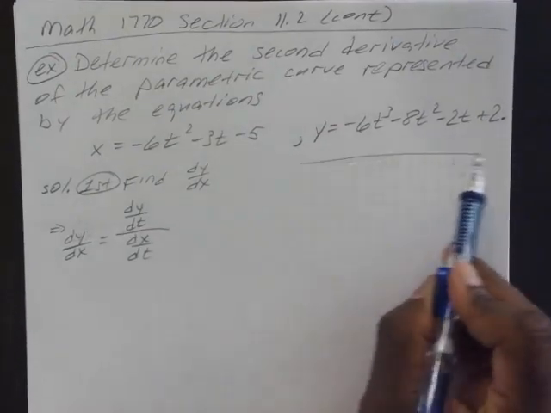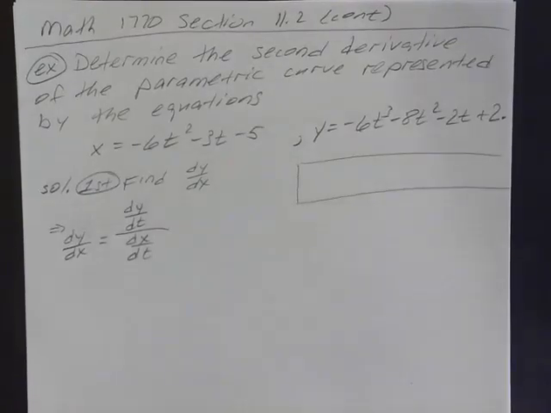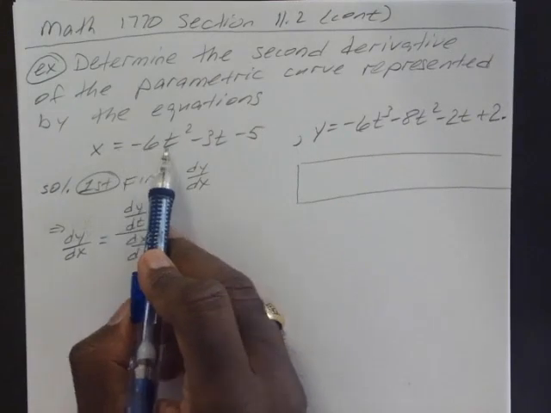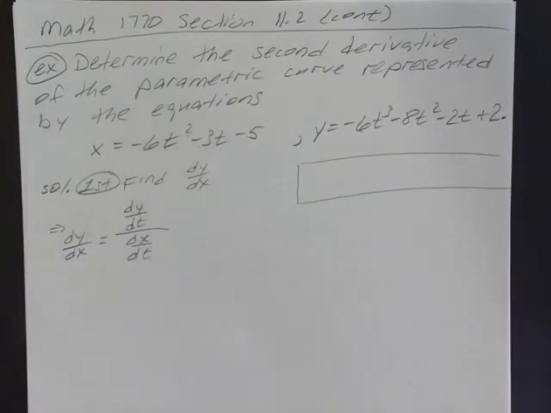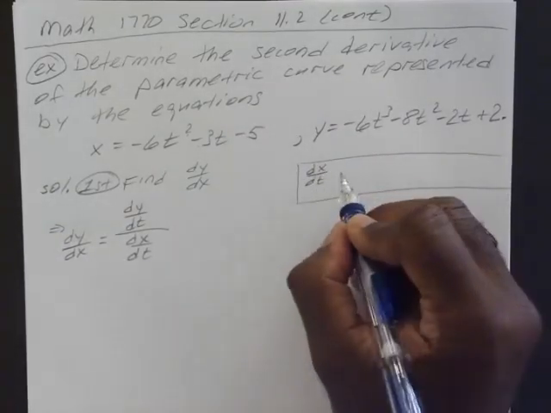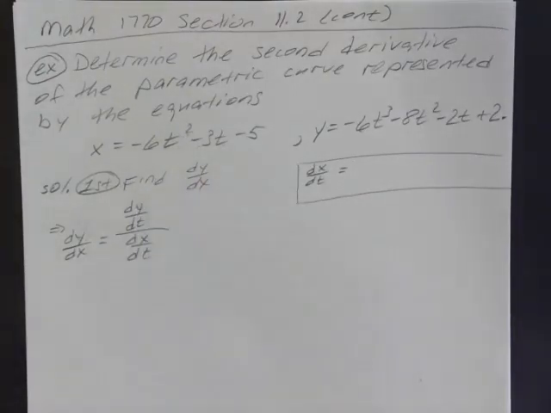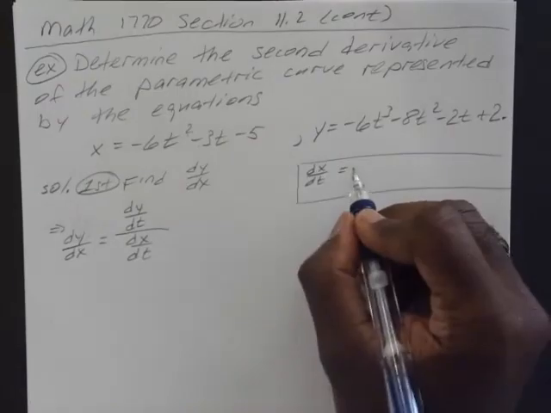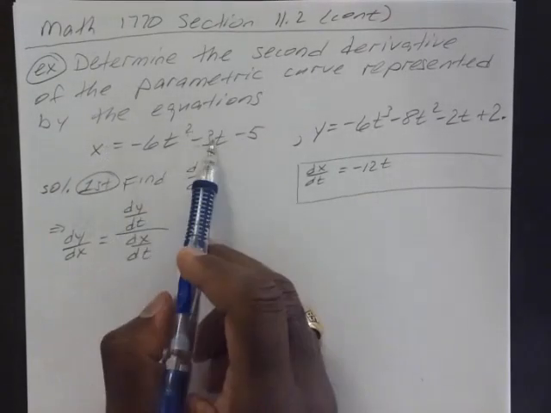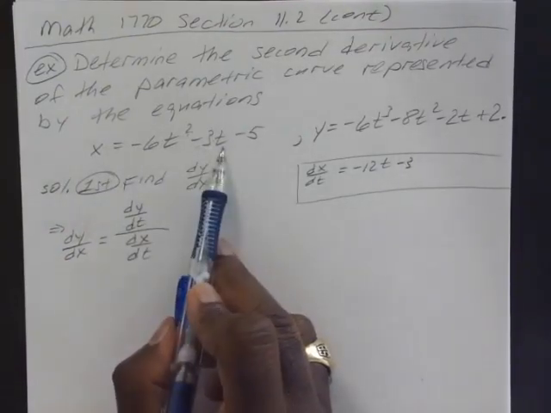Okay, well, we know, kind of put that as a little side note, that if x is negative 6 times t squared minus 3t minus 5, then the derivative of x with respect to t is equal to, bring down our 2, we have negative 12 times t, and we have minus 3 times the derivative of t, which is just 1.